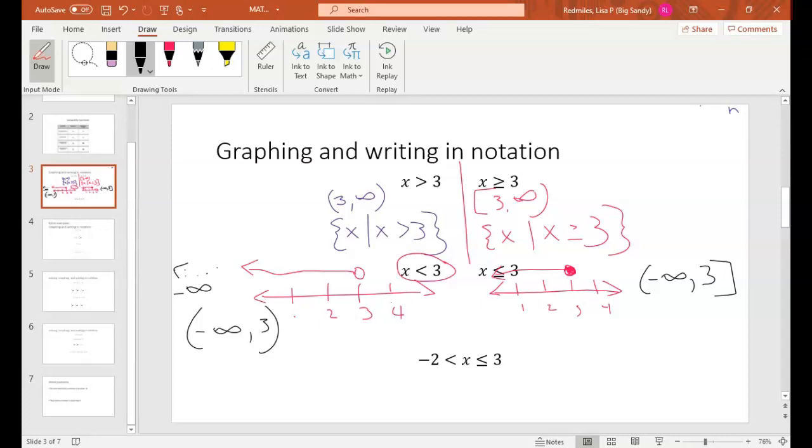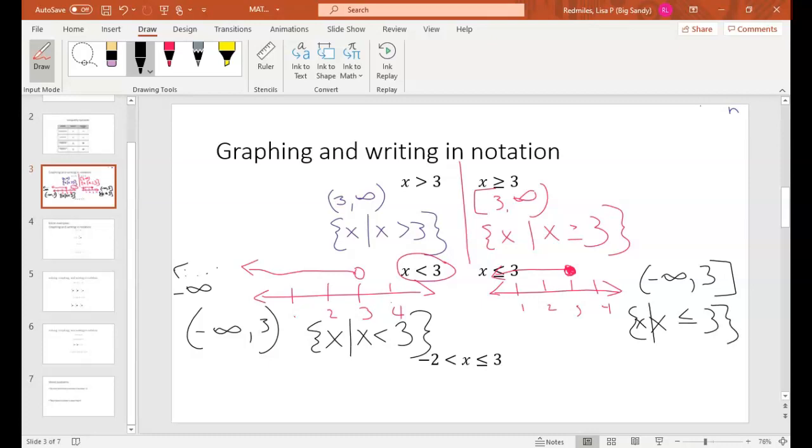And then again, the set builder notation is just the set of all x's such that, and plop in the solution that we had. And we're done. So that one's kind of easy once you get your solution. Forgot the beginning part. Like that.